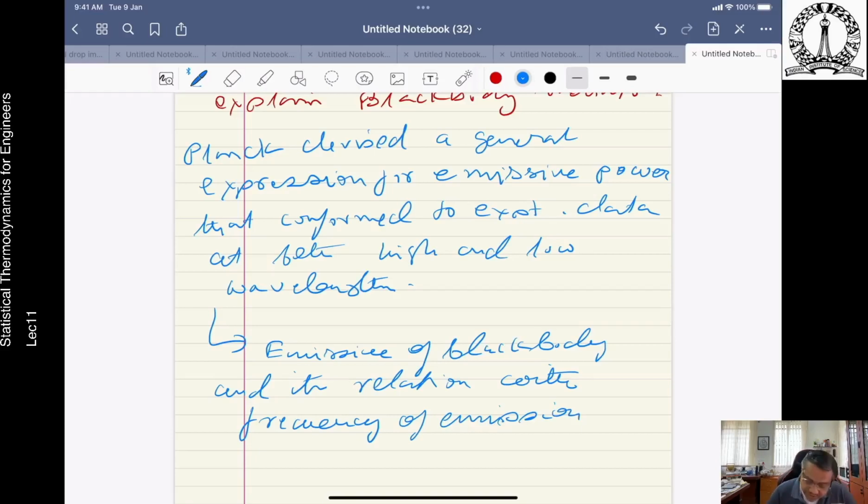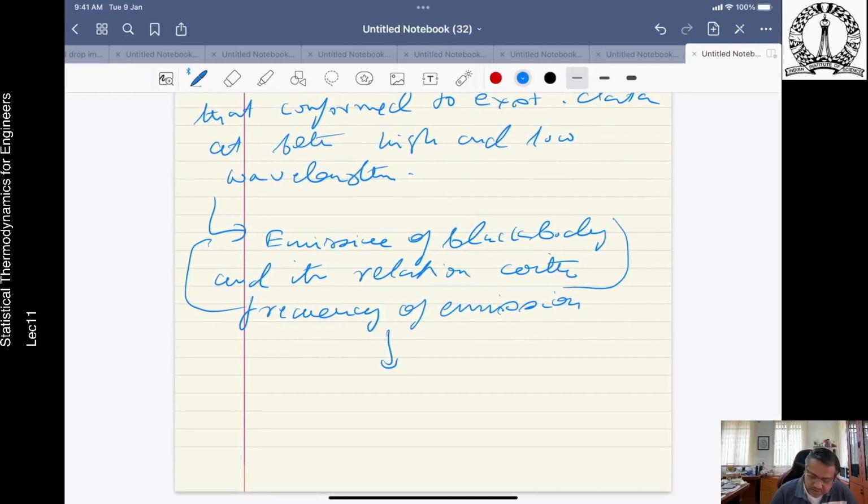But to derive that empirical relation, he needed quantization of energy, which we always say has been the cornerstone of quantum mechanics.